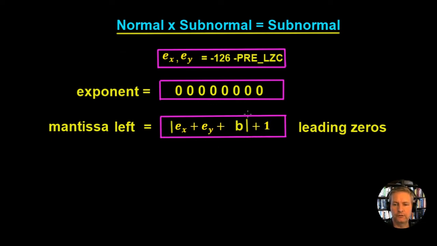I've got the modulus around this because we're looking for the absolute value. That's going to give us the correct number of decimal places that we have to shift the mantissa. And remember, whenever we've shifted the mantissa, we have to add in the missing leading zeros.